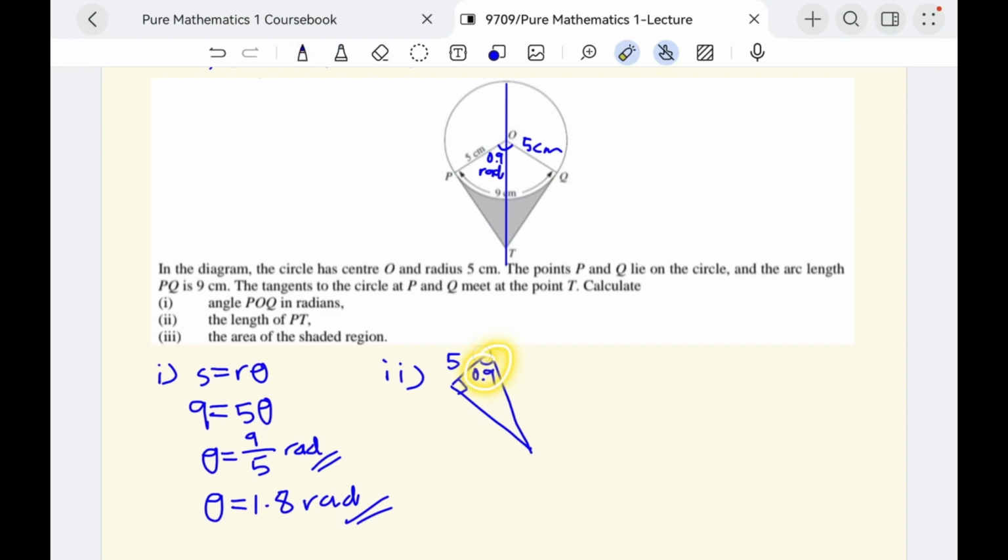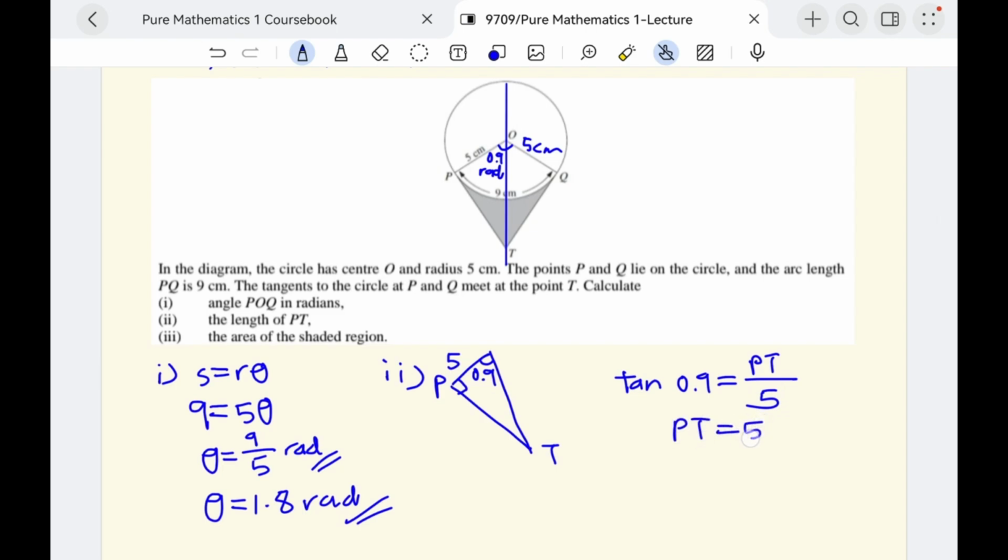You have the reference angle and the adjacent. So I want to find the opposite, where the opposite is the length of PT. So you need to relate the trigonometry ratio, SOH CAH TOA, but the most suitable one is TOA, because tangent of the angle equals the opposite over the adjacent.